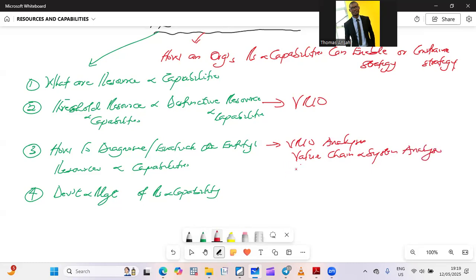We will use the activity system mapping. And lastly, we will consider benchmarking. So you realize that this one is coming from management accounting, MA, benchmarking, and value chain to MA. All right. Yeah. So these are what we are going to discuss.